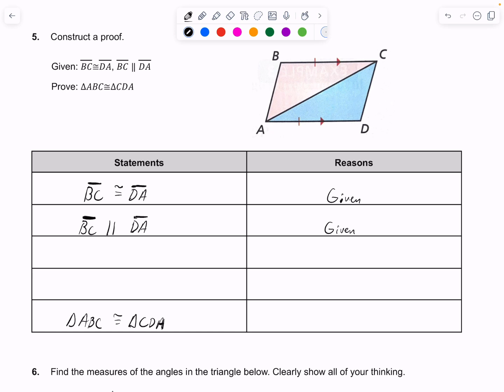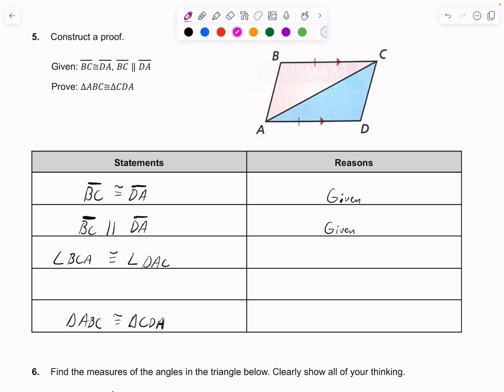Well, when I look at this, I notice that they told me these two segments are parallel. And if you guys remember from the previous unit, we know that if there's a transversal, which I see segment AC is a transversal between those parallel segments, that we can use some of the theorems that we know to prove some congruence. So I'm going to prove angle BCA is congruent to angle DAC.